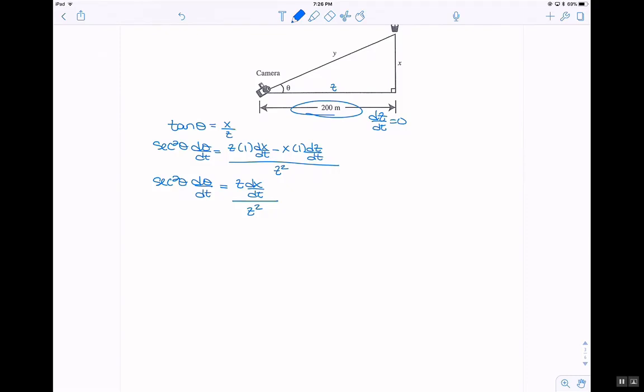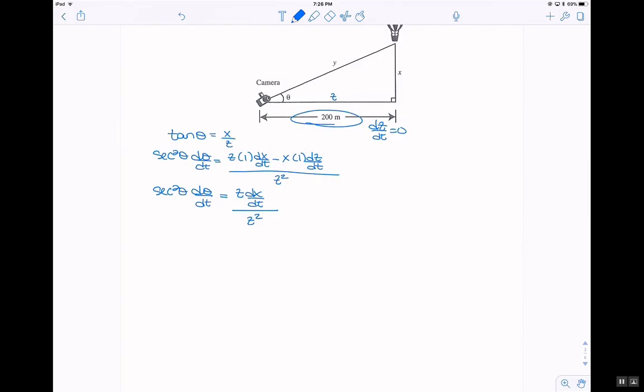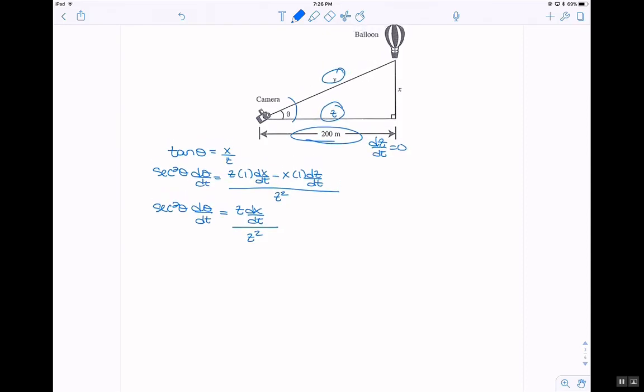Okay? So now what I'm going to do is figure out any other values I possibly might need. I have what z is, but I'm going to need to figure out secant of theta. So here's theta, so secant is going to be my y divided by z.